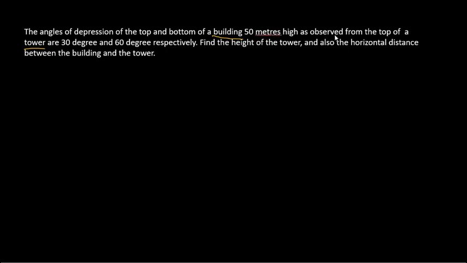And observe where from it is observed. It is observed from the top of the tower, and it is given as angle of depression. What is that? Angles of depression. What are those? 30°, 60°. Right? Now the two objects, which is higher?